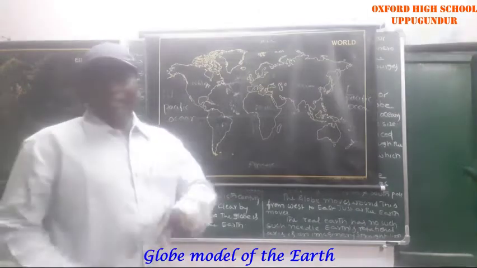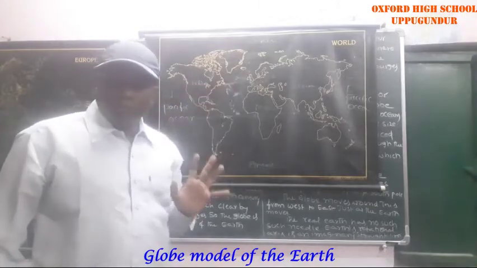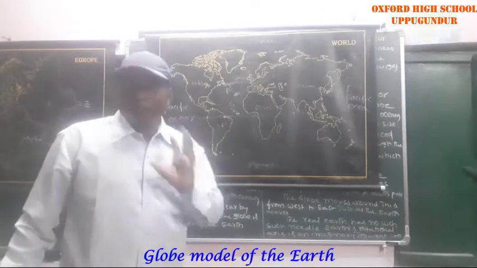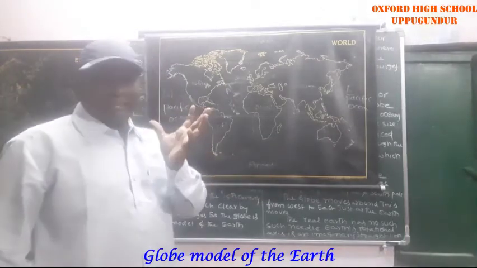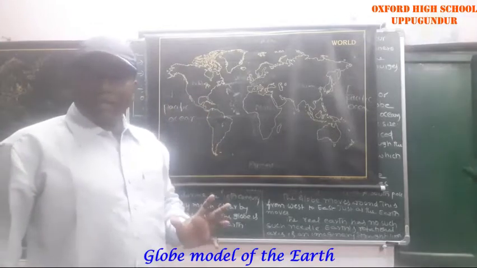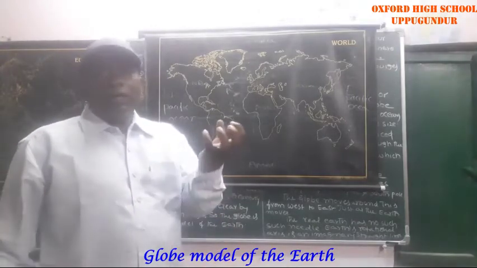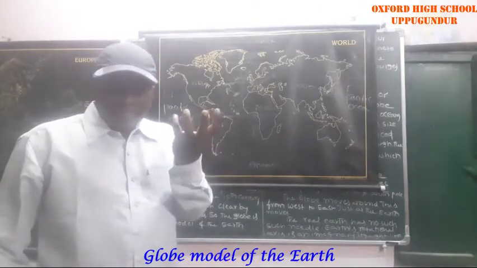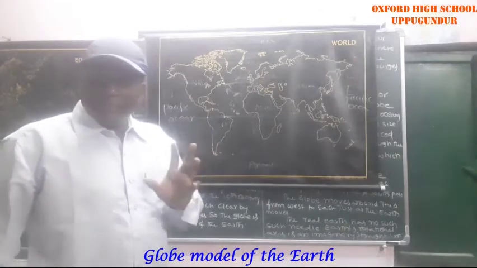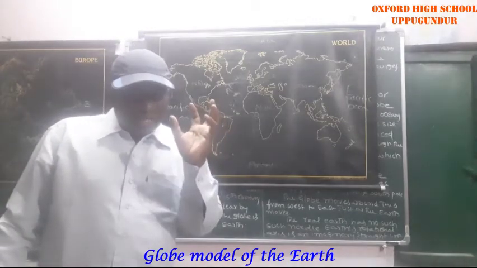If you take an orange, the orange shape is also the same as that globe. Top and bottom flattened and the middle part bulged. That is the shape of the globe. So the globe is round in shape.